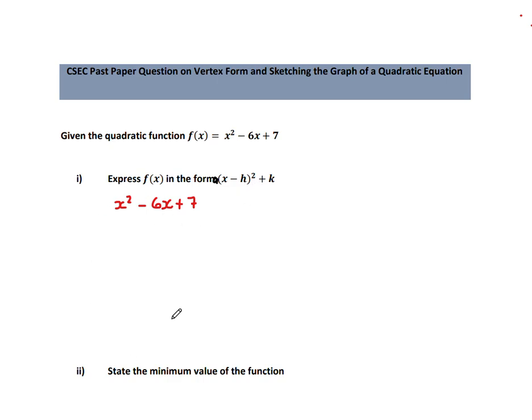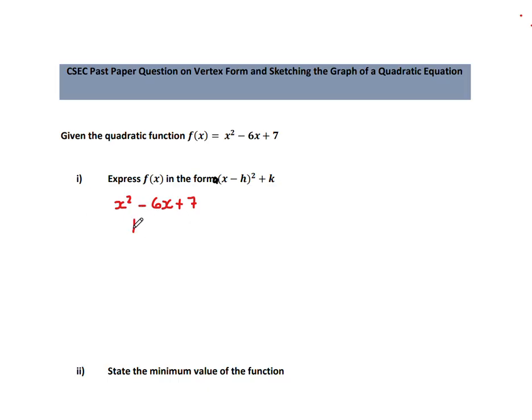But this will also help us to concretize our understanding of completing the square, because it's required to express this quadratic equation in the vertex form. So to do this, we're going to complete the square.